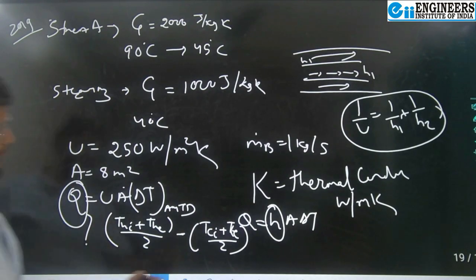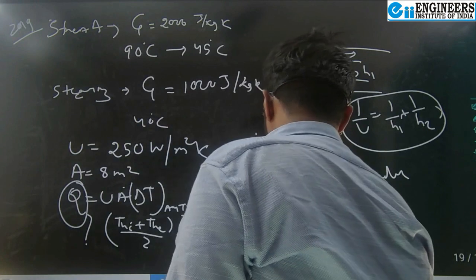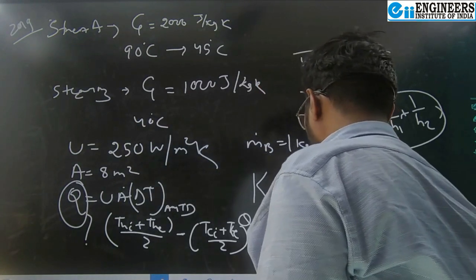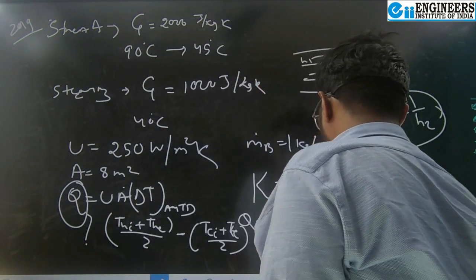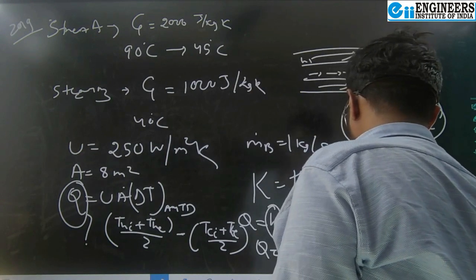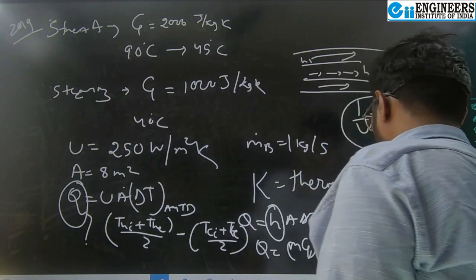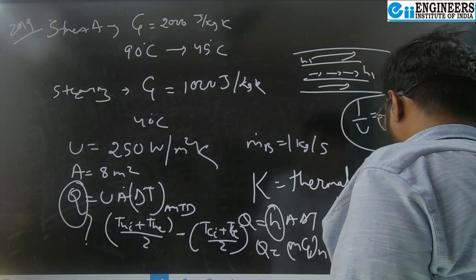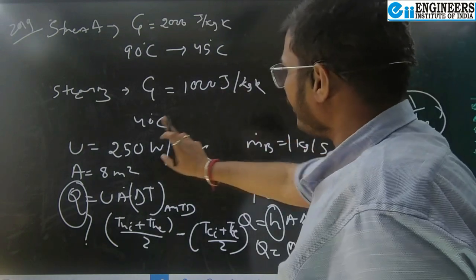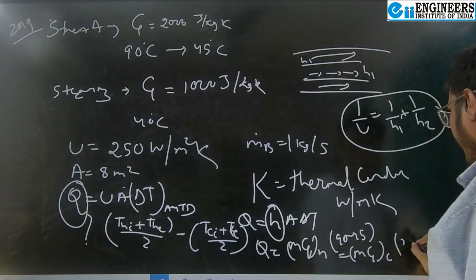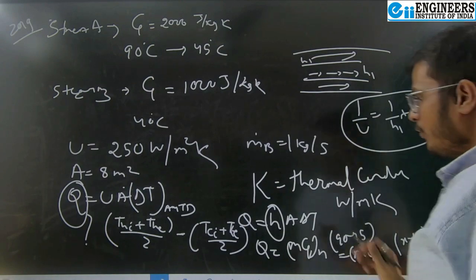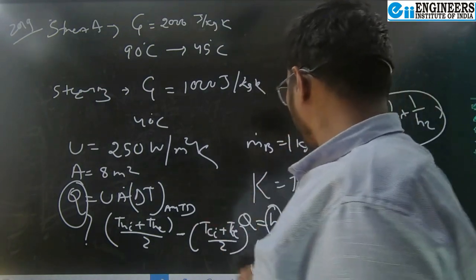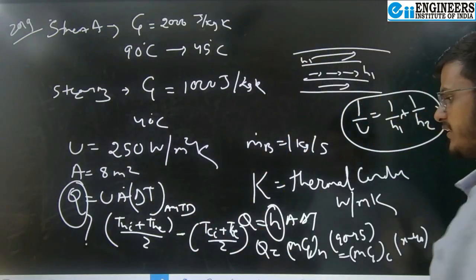Again, this same Q equals mCp hot into (90 minus 45). This is also equal to mCp cold into (TCE minus 40). So we will know the magnitude of Q only if we can solve this equation.